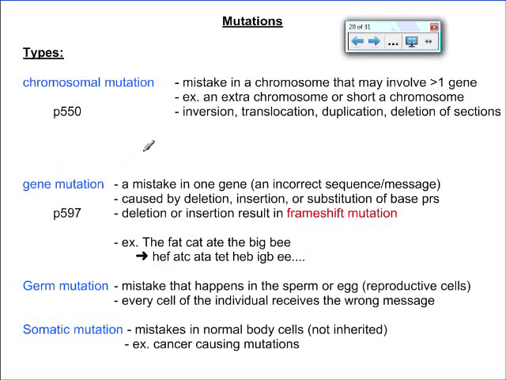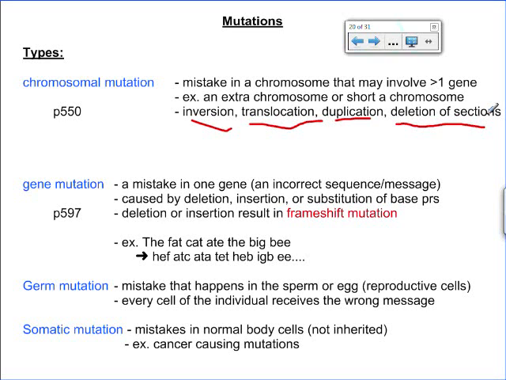Chromosomal mutations are ones where there's a mistake that may involve more than one gene. We talked about these in the genetics chapter, where it could be an inversion, translocation, duplication, or deletion of whole sections. So a chromosomal mutation involves more than just maybe a certain nucleotide.